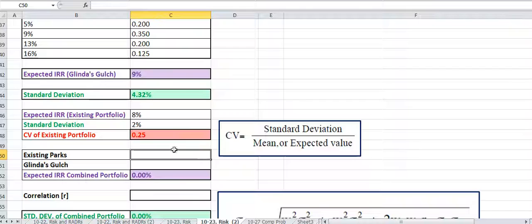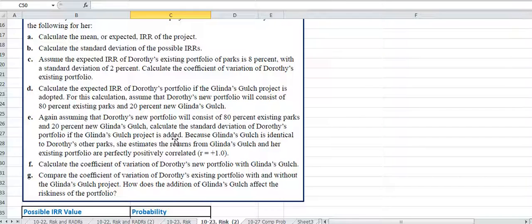So now we're looking at part D right here, where we're going to calculate the expected internal rate of return of Dorothy's portfolio if the Glinda's Gulch project is adopted.